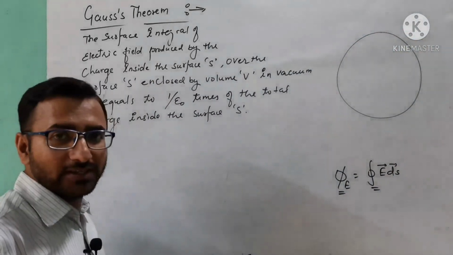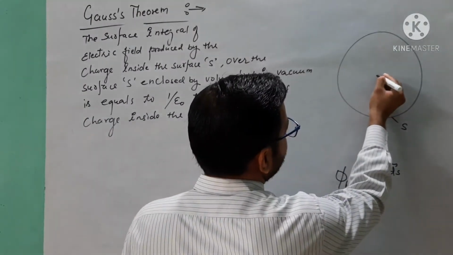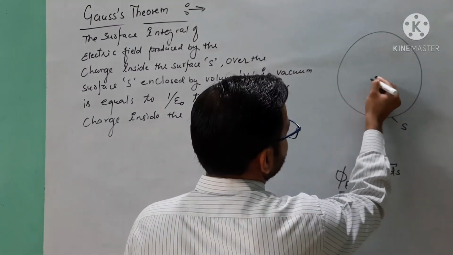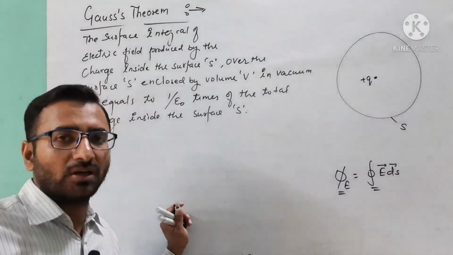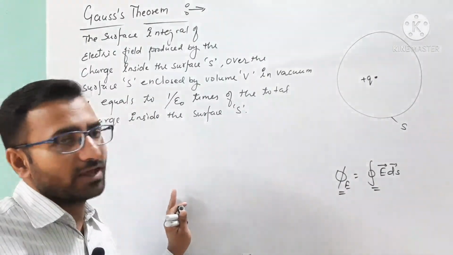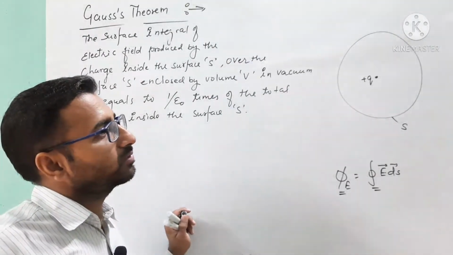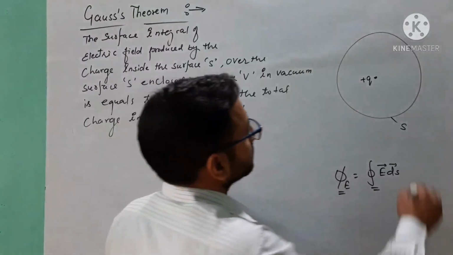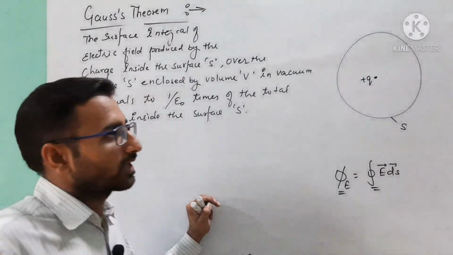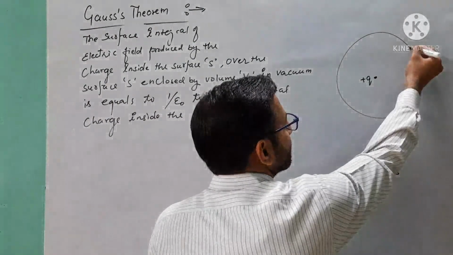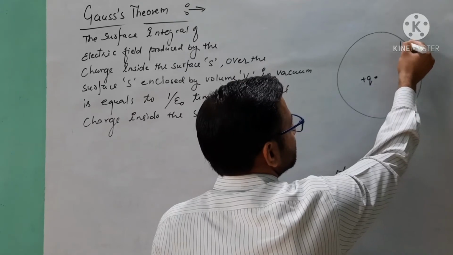Here we can consider that I have a closed surface S, and inside it, at this point, I have placed a charge Q. In this Gauss theorem I will find the value of electric flux at any point on this surface.